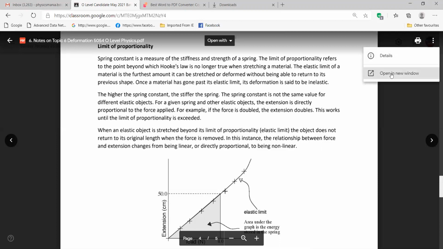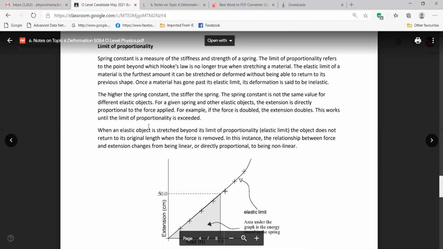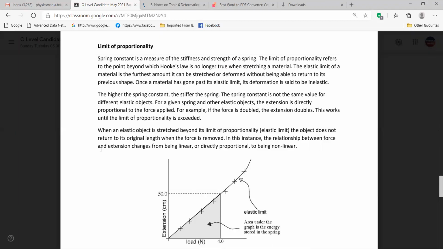The elastic limit of a material is the furthest amount it can be stretched or removed without being able to return to its previous shape. Once a material has gone past its elastic limit, its deformation is said to be inelastic.